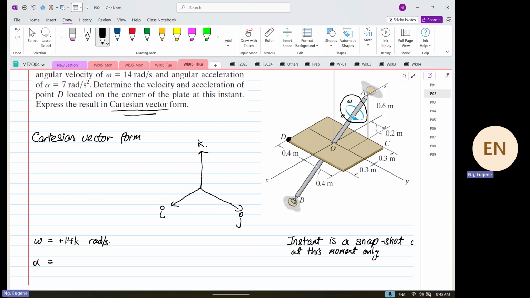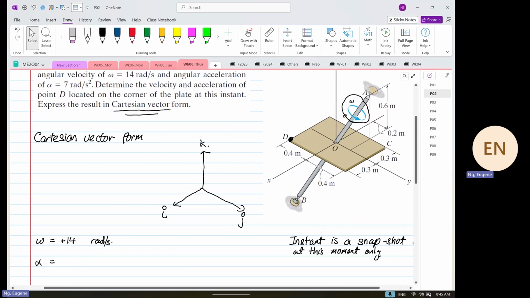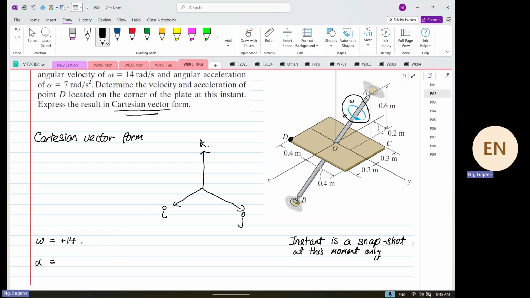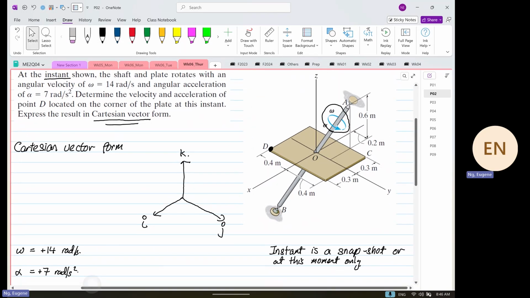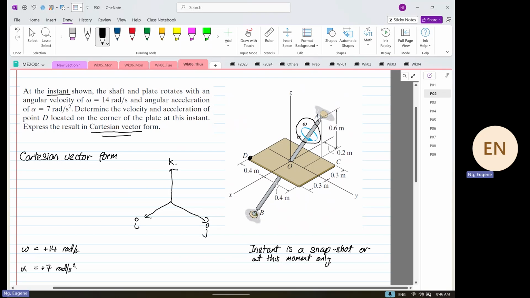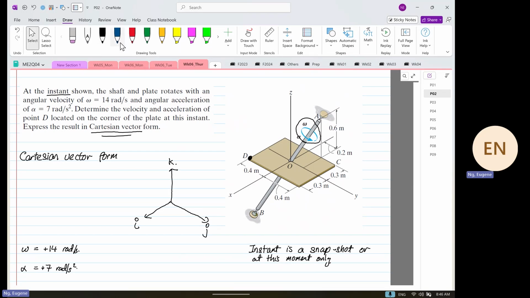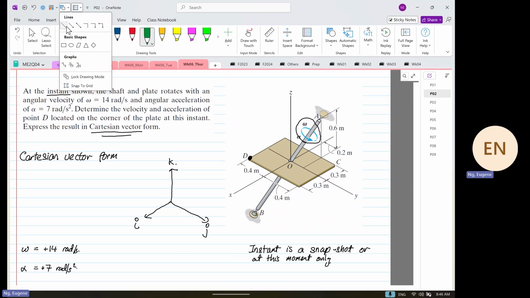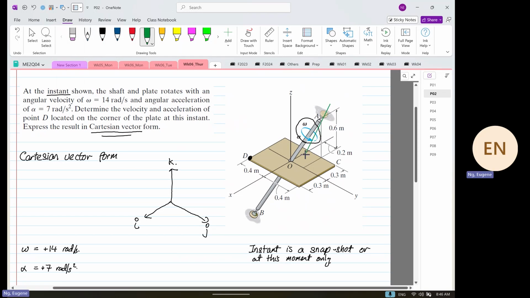Hold on, let me check something first. No, this is not 14k. I'll tell you why it's not 14. My bad. This is 14 radians per second, and alpha is positive 7 radians per second squared. Why it is not 14k like I thought is because this axis, the instantaneous axis that I'm going to draw in green, is tilted at an angle.